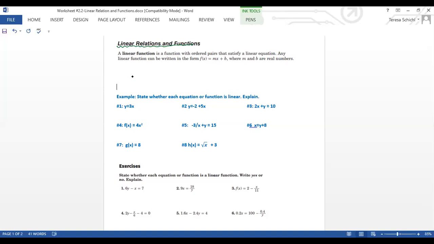They cannot be exponents. They cannot have roots, like square roots or fourth roots, anything like that. It has to be just x and y with some constants. That's why when you see f of x, g of x, really these are the y's.